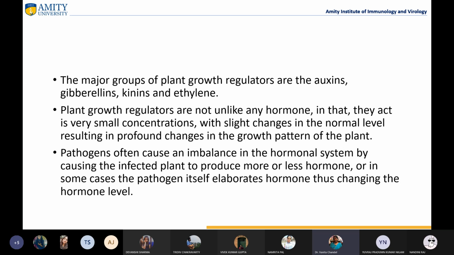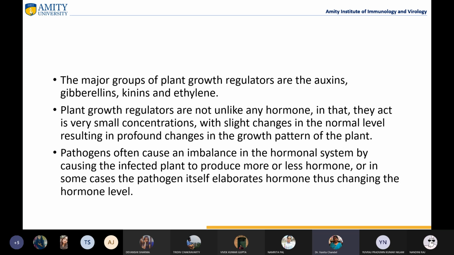Some pathogens cause an imbalance in the hormonal system by causing the infected plant to produce more or less hormones. So what happens is, when a pathogen attacks, not in all pathogens but in some, they create an imbalance in the hormonal system.